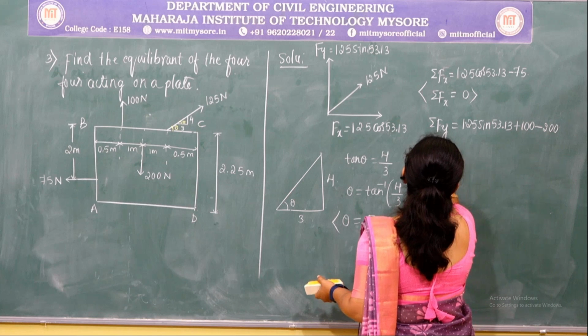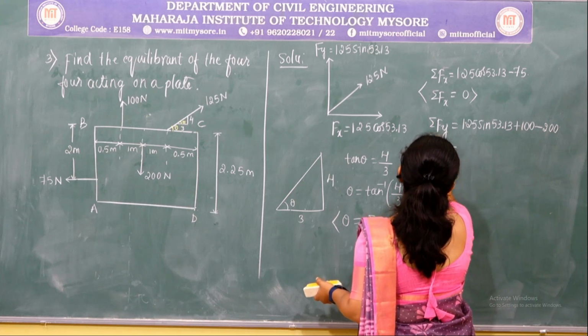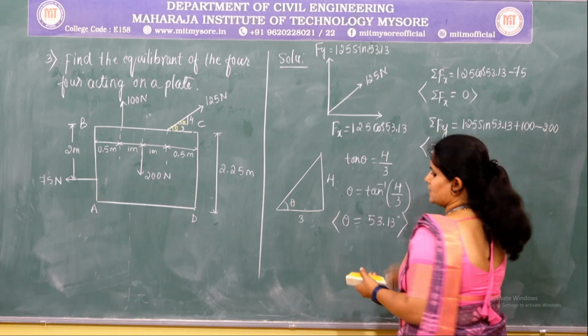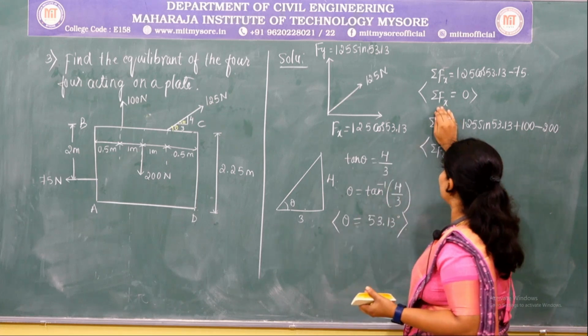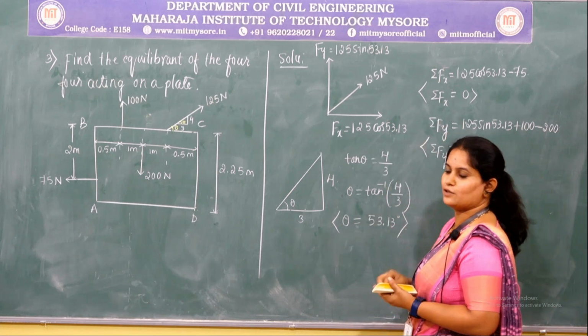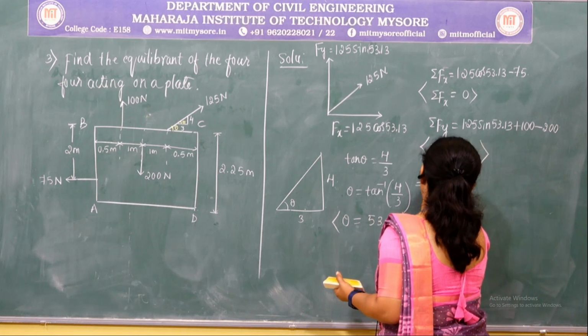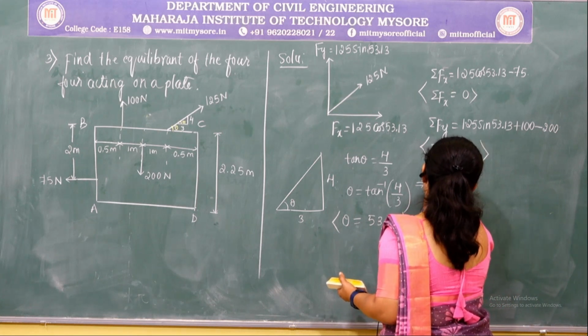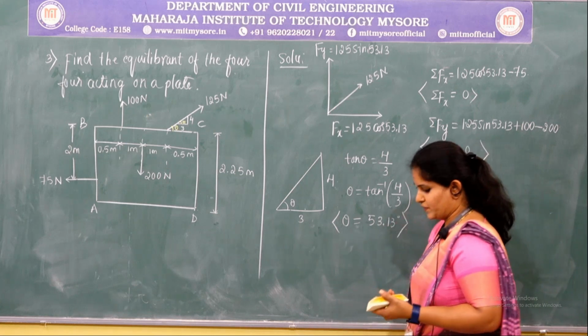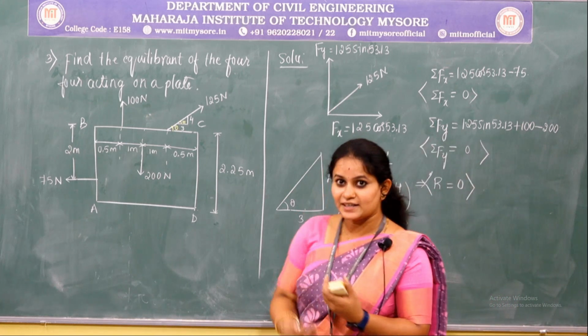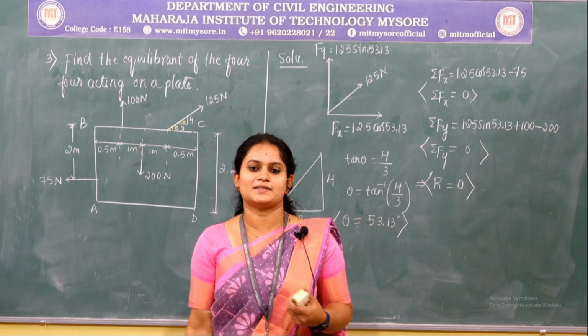So this will also give a value of 0. Since the value of Fx and Fy is equal to 0, directly the value of resultant is also 0. Here in this case we are finding the equilibrium of the four forces system.